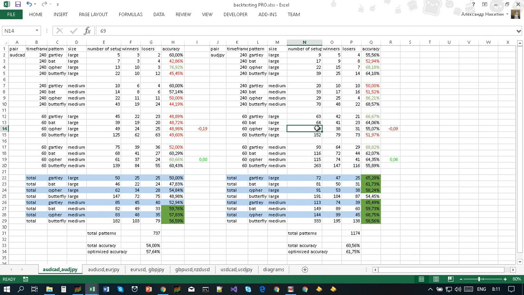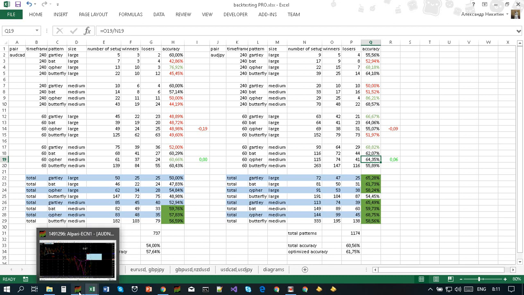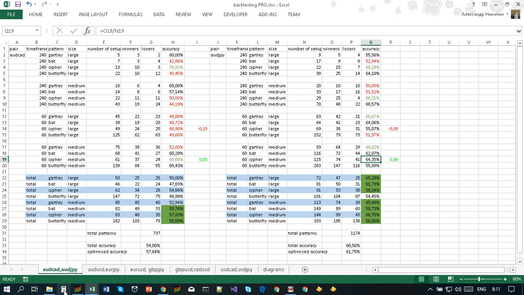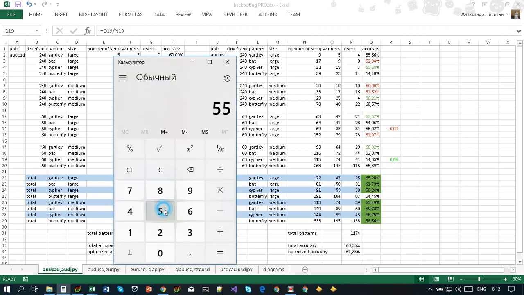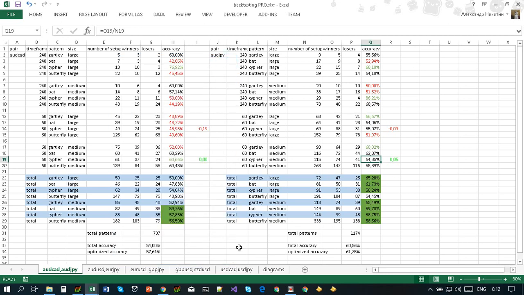They are 179 plus 5, 184 total setups, and 55 and 64, the average of that is below 60, I suppose. 55 plus 64 divided by 2 equals 59.